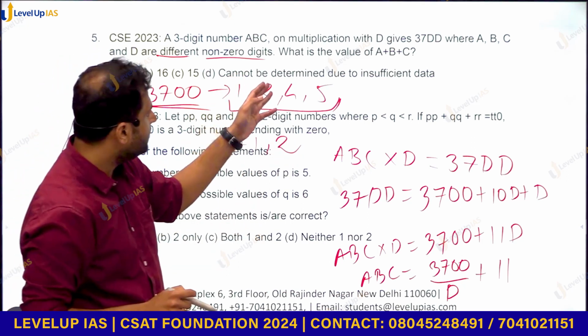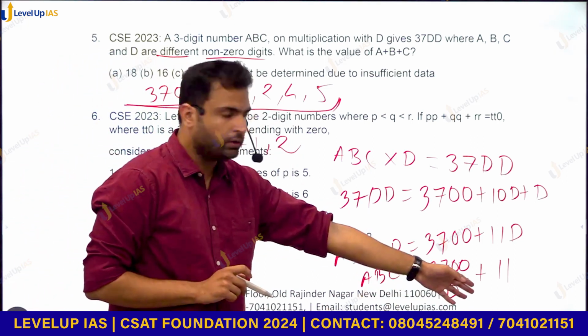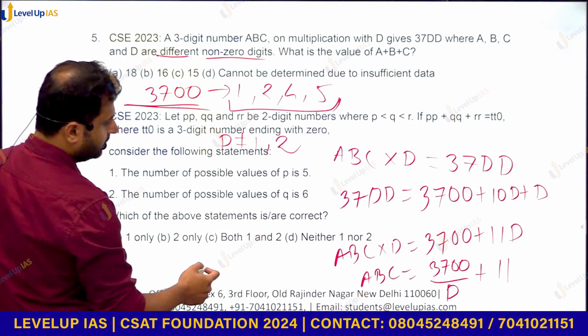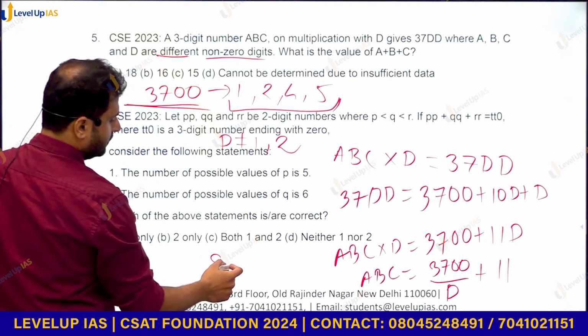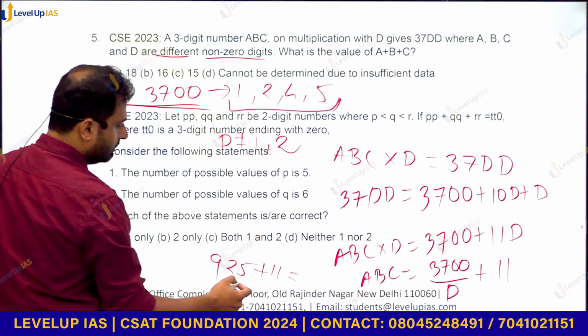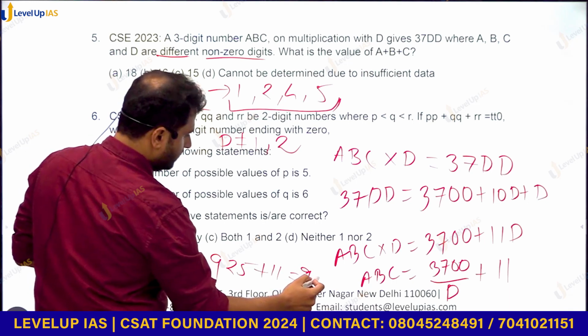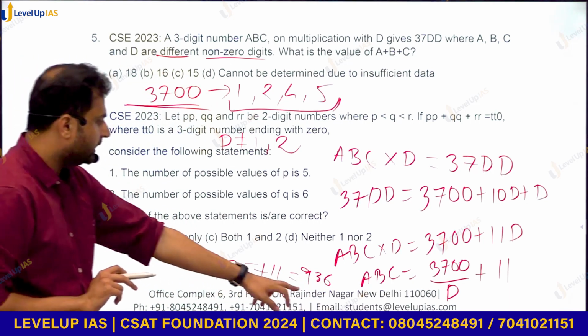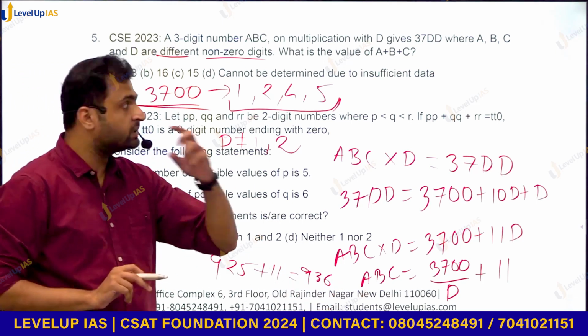Can d be equal to 4? You divide by 4, what do we get? 925 plus 11, you have 936. That is one alternative. That is okay, all of the digits are different.